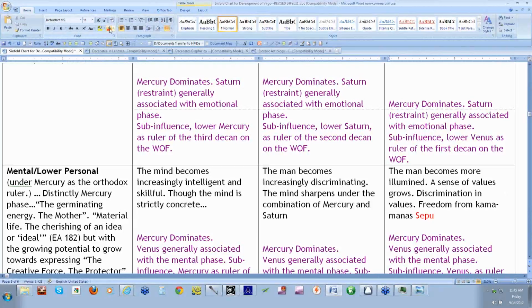Sepharial. This would be Mercury. I'll just make Sepharial easy to reproduce. This would be Venus, and the 10 to 20, or the 0 to 10, would be the Sun, Sepharial, the Sun.